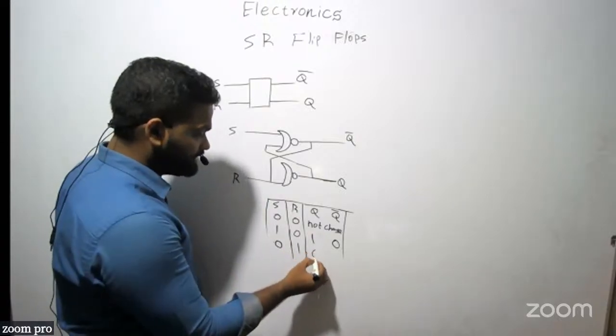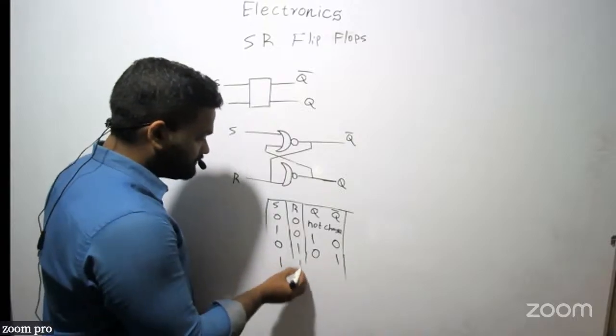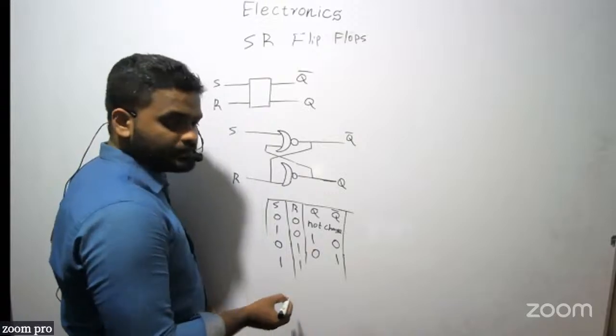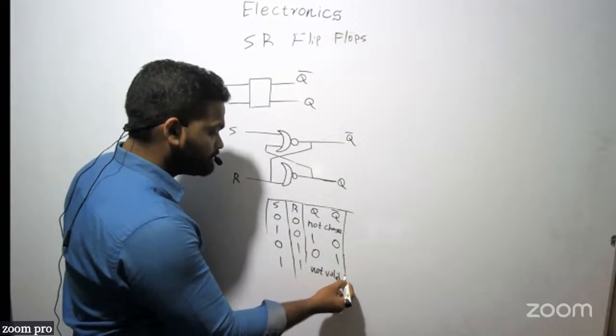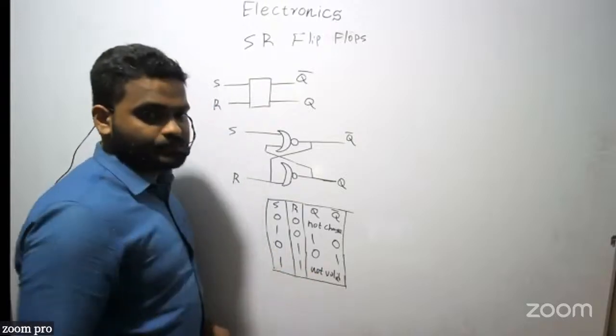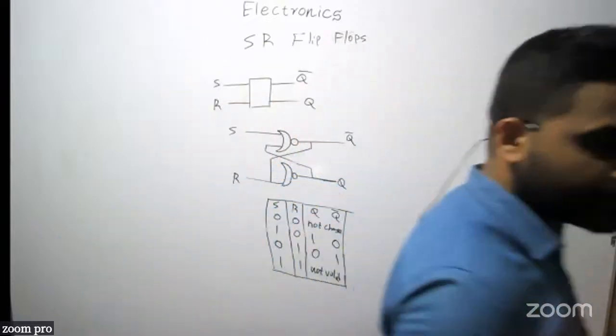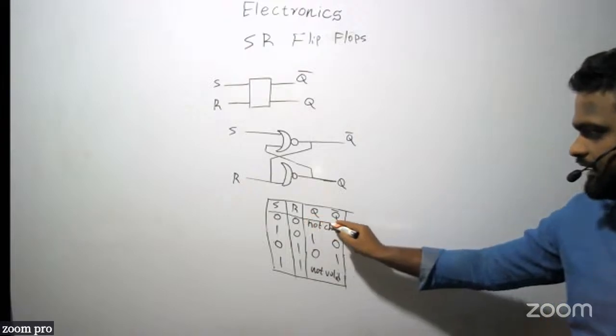So here you get Q as 0 and Q bar as 1, right? But if you put 1, 1, this input we call not valid. You need to remember that input. Take it down.